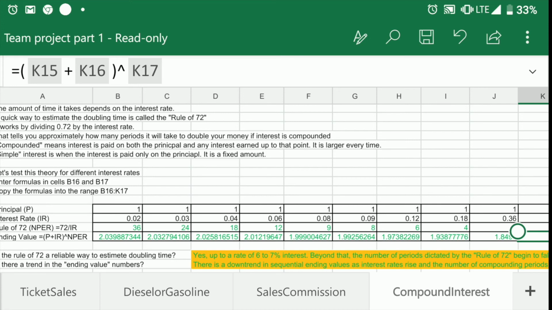In this case, we can see that the rule of 72 indeed doubles the principal up to about 6 to 7% interest, give or take. However, beyond 7%, the number of periods provided by the formula begins to fall short of doubling the principal by wider and wider margins.